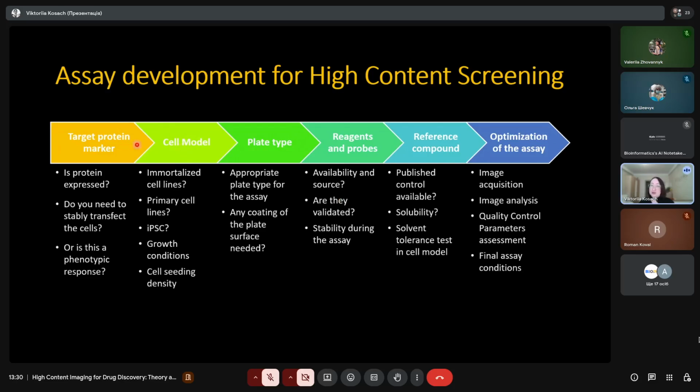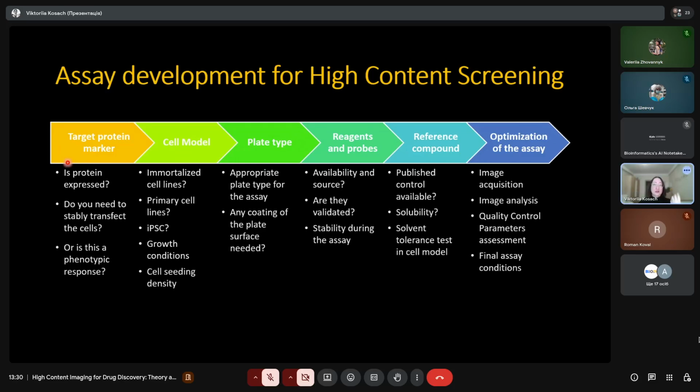So let's take a look at some important considerations before you start with your assay. First, you know your target, so you will find a marker which will help you to visualize your target.